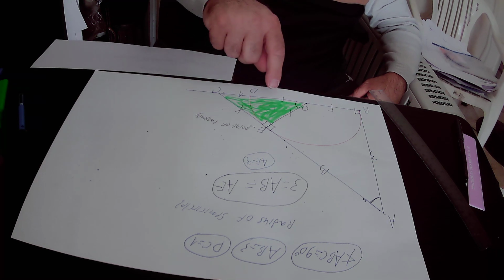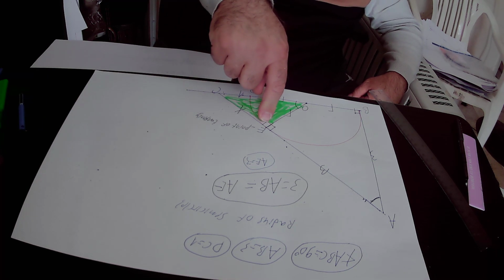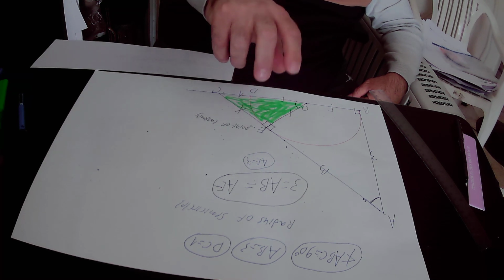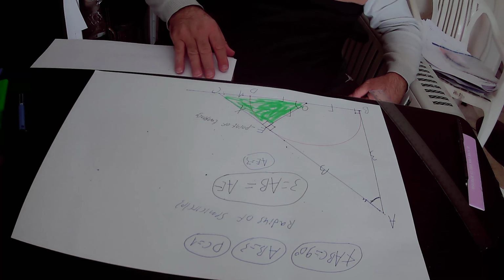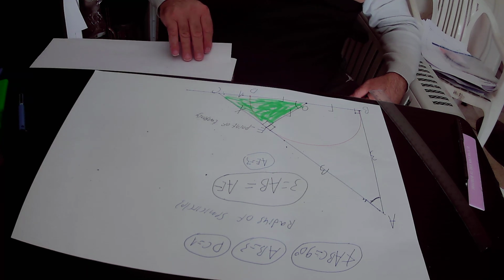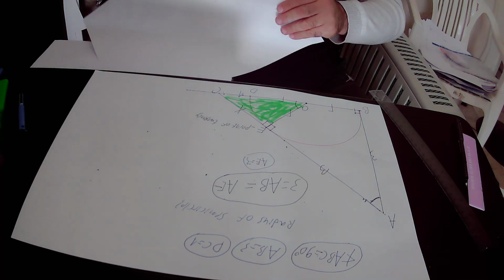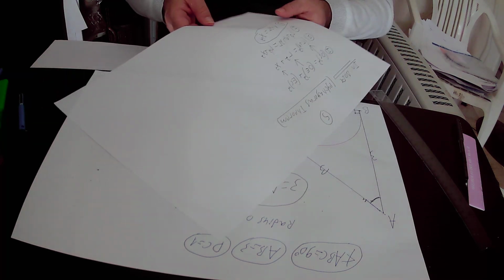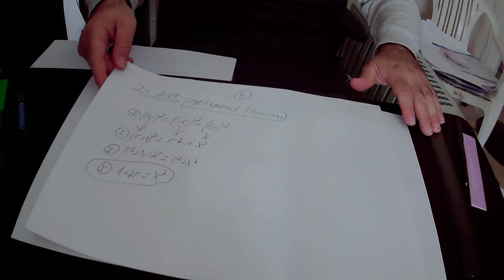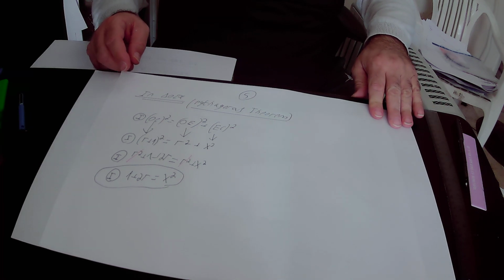And because angle OEC equals 90 degrees, the green triangle OEC is a right triangle. Okay, so we will focus on the green right triangle OEC. On the green right triangle OEC, according to the Pythagoras theorem, the square of the hypotenuse equals the sum of the squares of the perpendiculars.